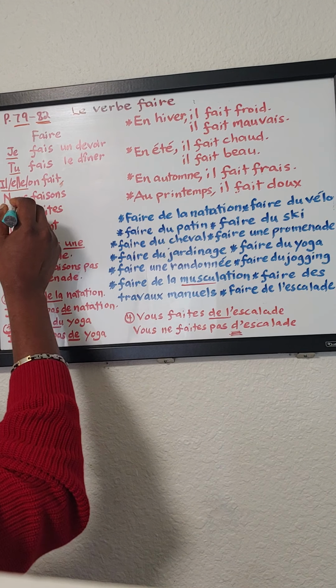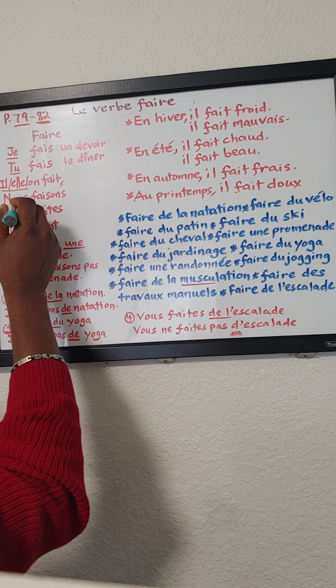First of all, the verb faire is used to talk about the weather, whether the weather is cold, hot, warm, temperate. Is the weather bad? Is the weather beautiful outside?